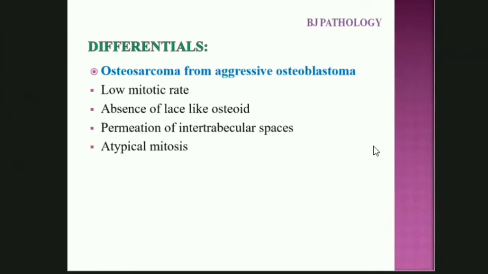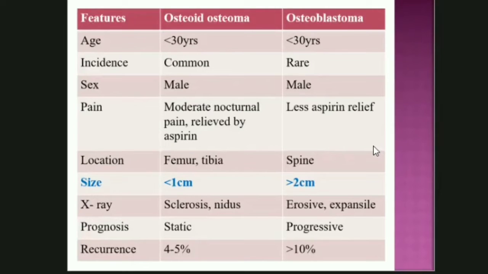The other differential, as Sinchana mentioned, is osteoid osteoma. The main differential feature is the size. The clinical symptoms and the microscopy most often overlap. So you have only two differential diagnoses for osteoblastoma, that is osteoid osteoma, and for aggressive osteoblastoma it is osteosarcoma.